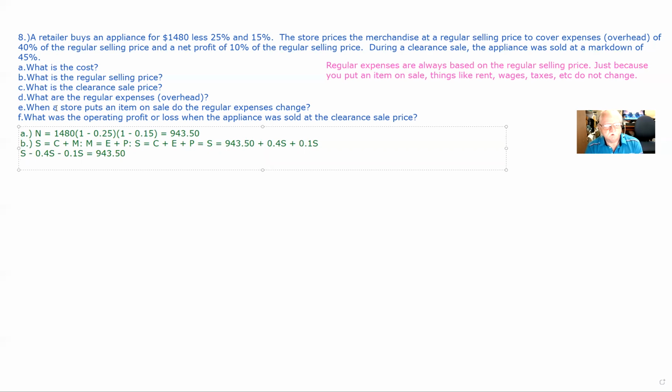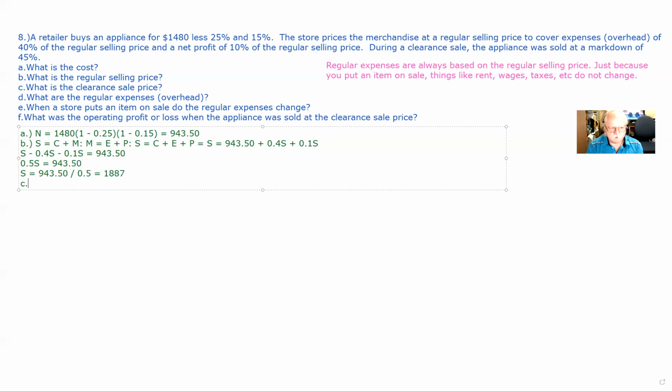We have to remember there's an invisible 1 here, and this becomes 0.5 S equals 943.50. And then we solve it. S is equal to 943.50 divided by 0.5, which ends up being equal to 1,887. So that's basically our answer to part B.